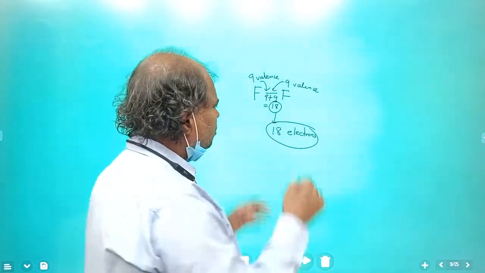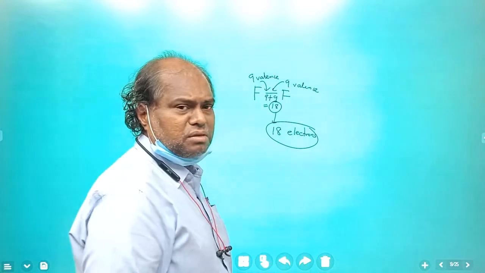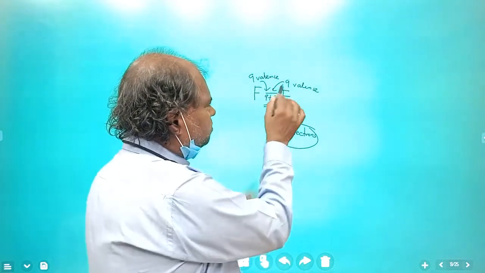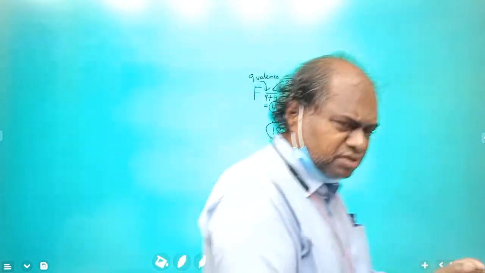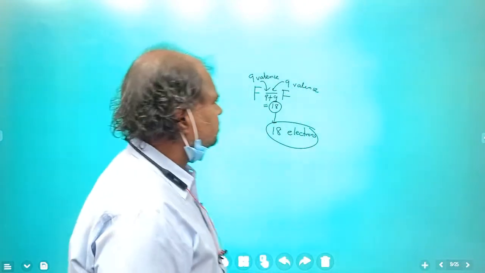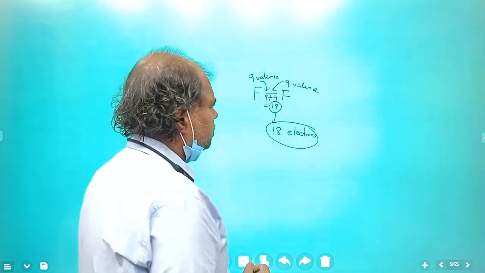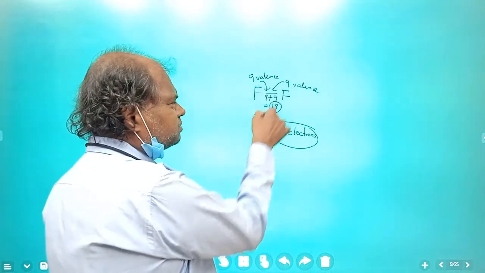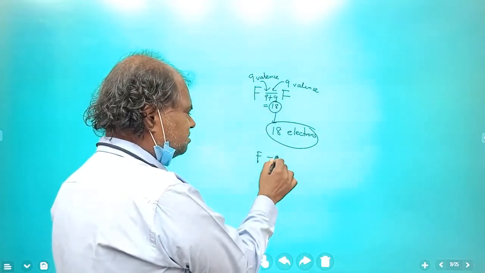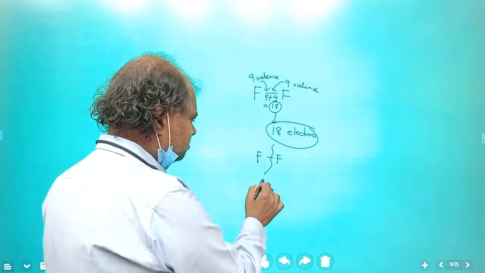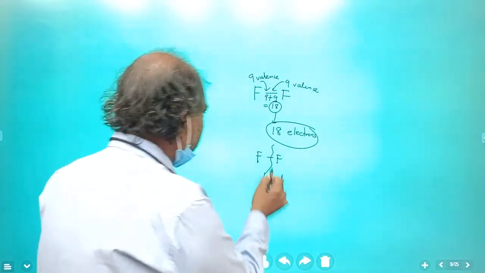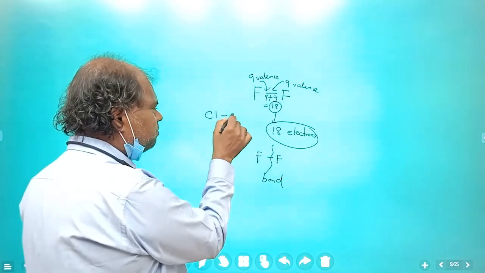So there will be a lot of repulsion, a huge repulsion. See, 18 electrons in a small space, they will repel because they have the same charge. Due to that repulsion, this bond becomes weak, so this bond will break easily. That problem will not be there for Cl-Cl because Cl is quite big.